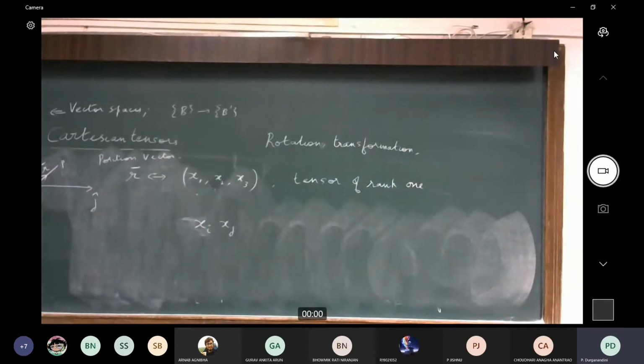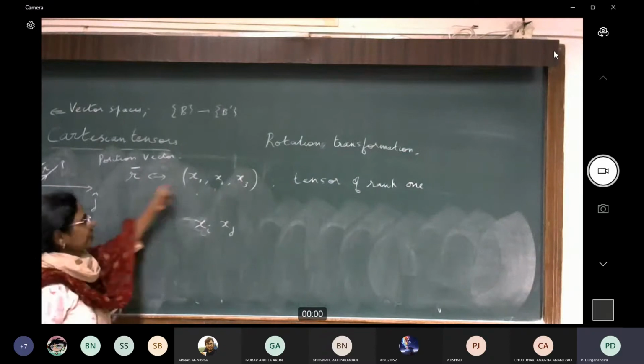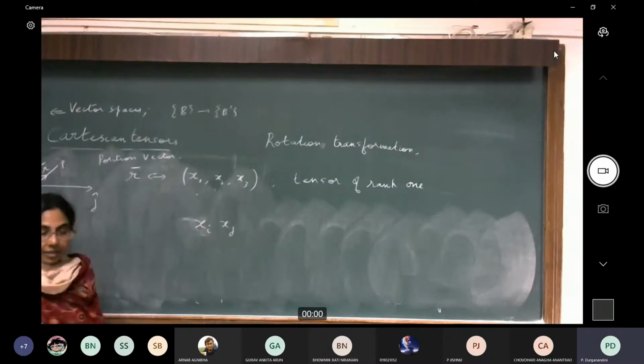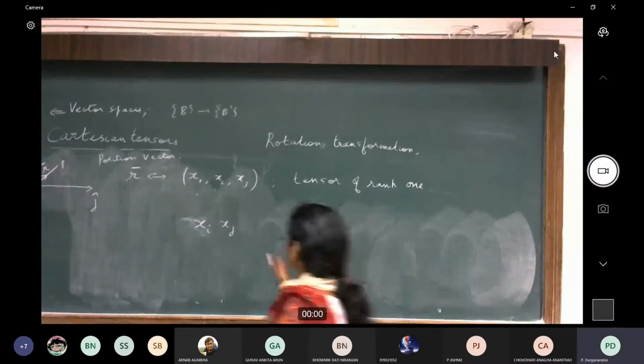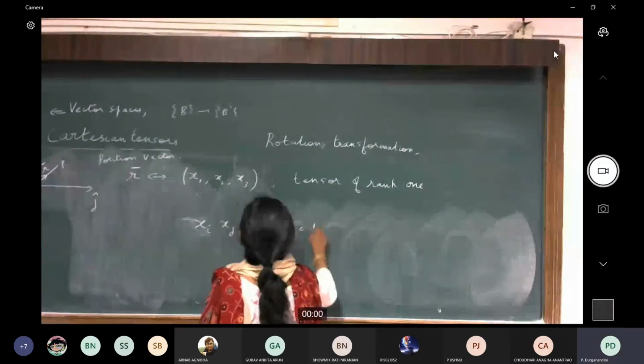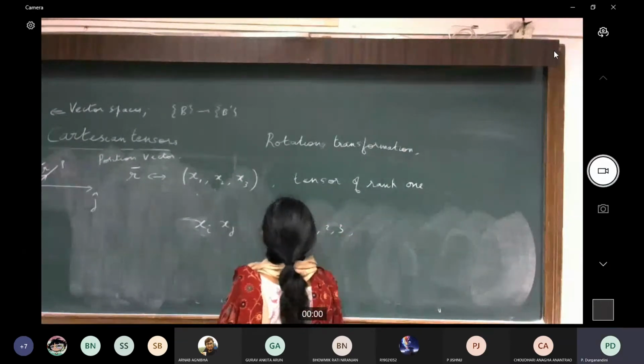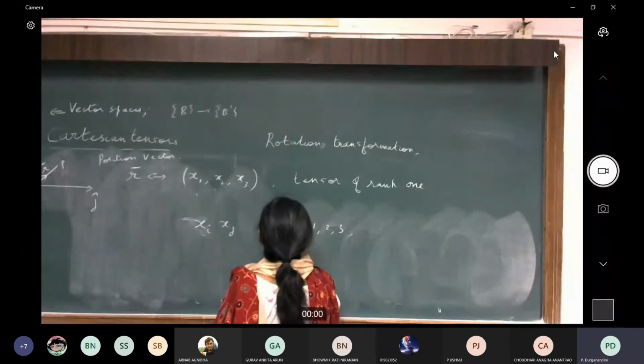And then what about this object now, xi xj? How will this transform, or what kind of an object is this? Note that the xi's are the components of the position vector. I goes from 1 to 3. J also goes from 1 to 3.